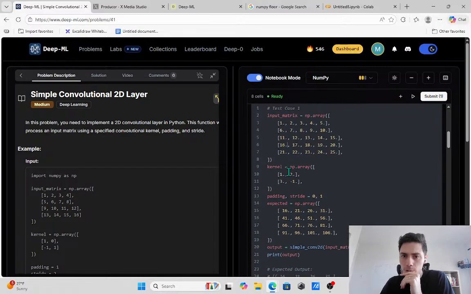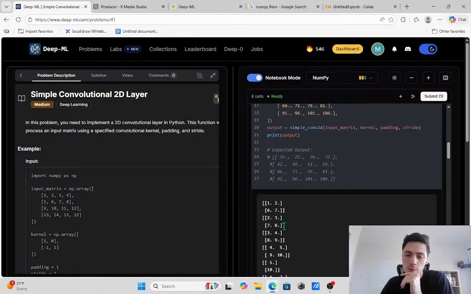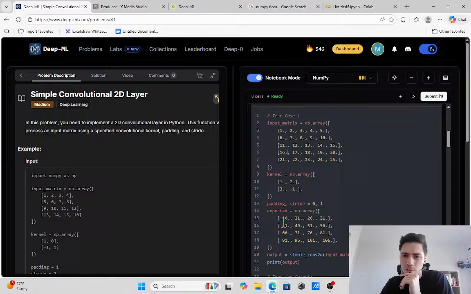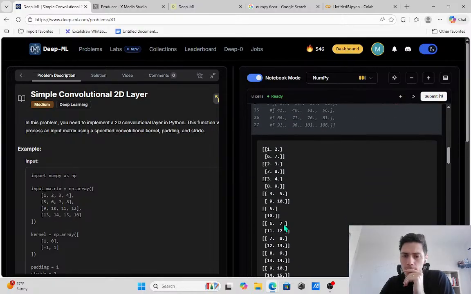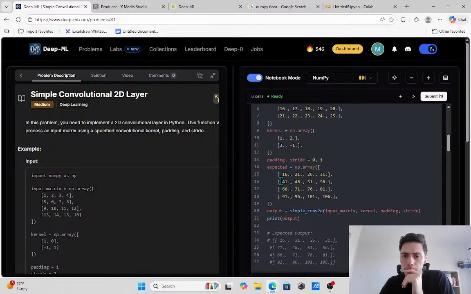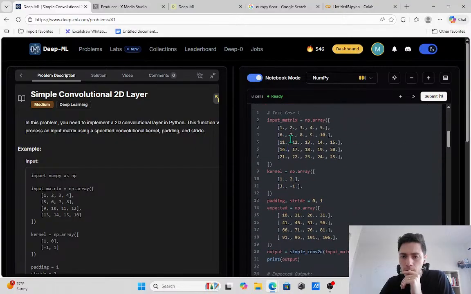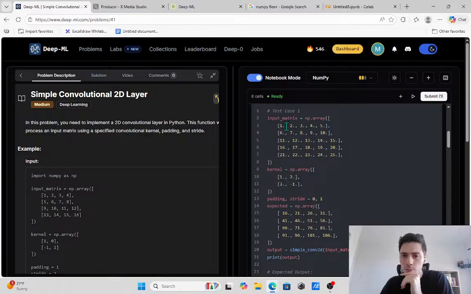The next should be 2, 3, 7, 8. Yeah, 2, 3, 7, 8. It's correct. What size is the kernel? Yeah, okay, it's a 2 by 2. So we do this, we do this, we do this, then we go down 1. We do this, we do this, we do this.